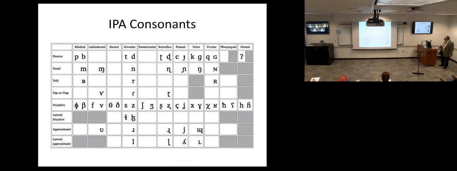American English has a flap, like butter, and British English doesn't have it in that position. It has a different sound for that. They do the glottal stop. They say ba. Okay, so there are differences.